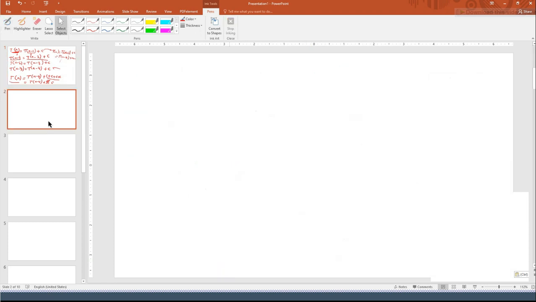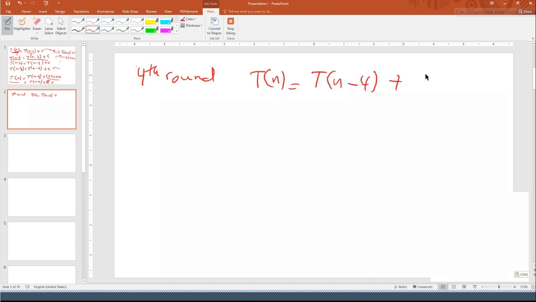I will go to this slide to continue here. So I will write it again. So in the fourth round, I get this equation. Tn equal Tn minus 4 plus 4C. Now, if you continue, you will reach to the kth round, number k.